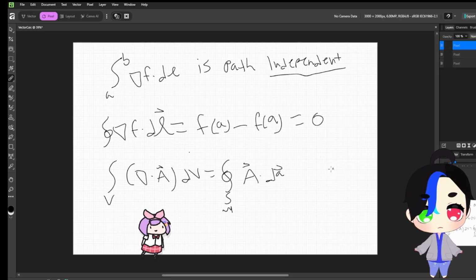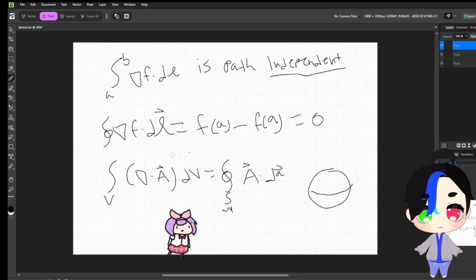So if I was taking the volume integral over a sphere of a divergence, then that equals the integral over the surface area of the sphere.